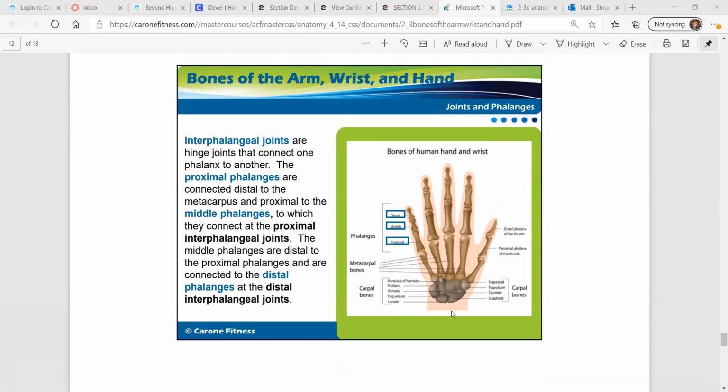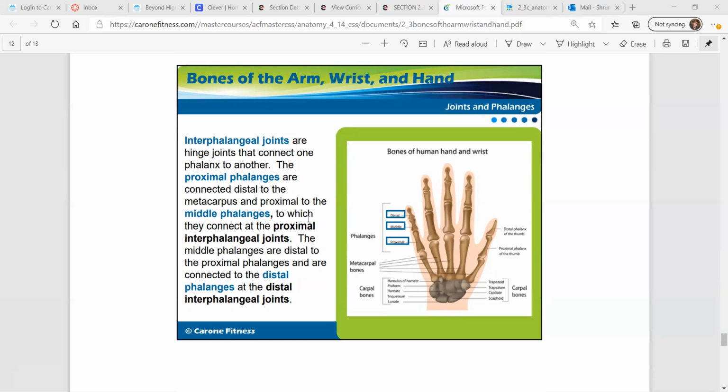The proximal phalanges are connected distal to the metacarpus and proximal to the middle phalanges, to which they connect at the proximal interphalangeal joints. The middle phalanges are distal to the proximal phalanges and are connected to the distal phalanges at the distal interphalangeal joints.